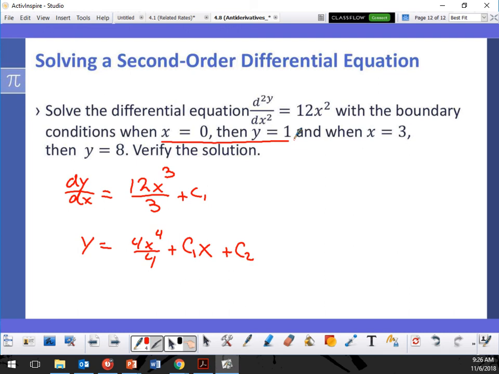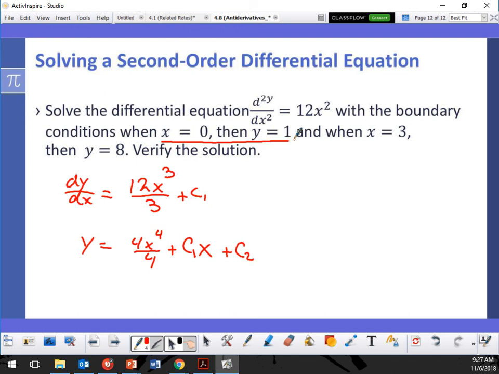So when x is 0, let's take a look. In the function for my dy/dx, remember this represents, in motion, the velocity. So that means my velocity would equal 1 there.